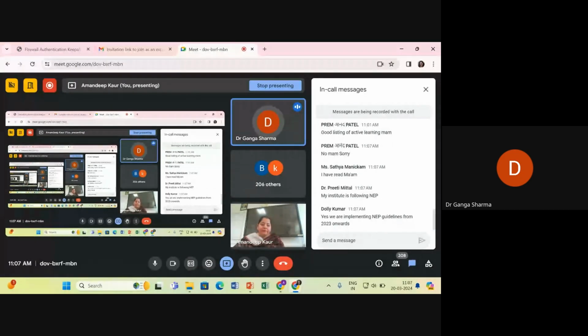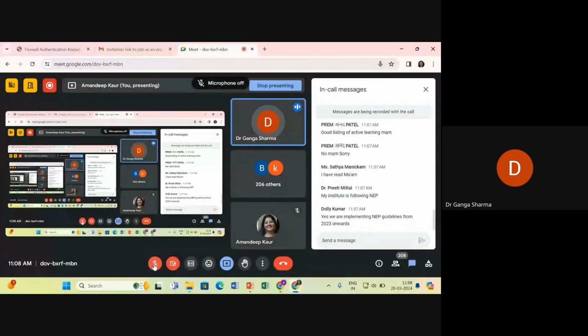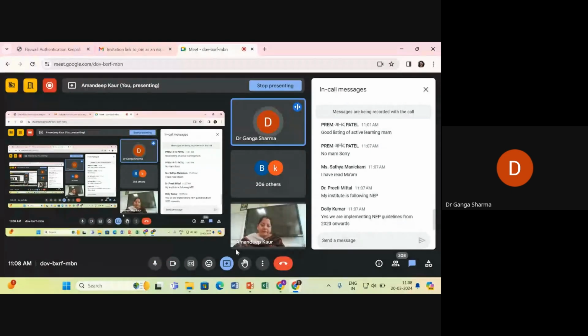For the first year, a certificate course was given; after completion of 2 years, a diploma course; and after completion of 3 years, the BSc degree. For honors, one more year was included with a research component in the fourth year of the BSc. So we designed 3+1, keeping in mind this entry and exit criteria and credit scores.